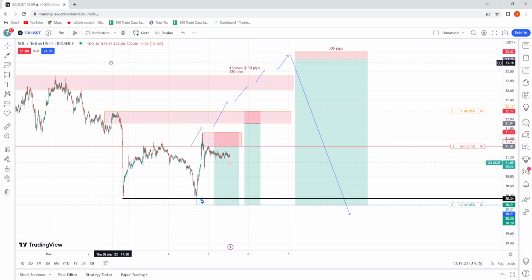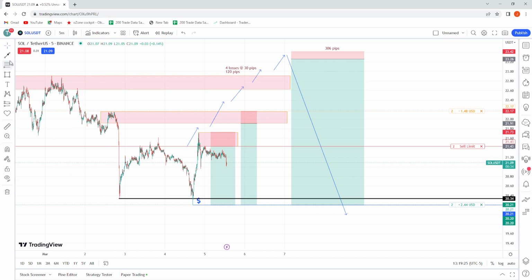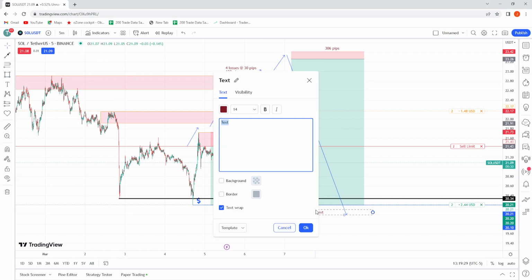I just want to put it underneath the bottom here. So you'd be plus RR and 186 pips if you're counting pips.